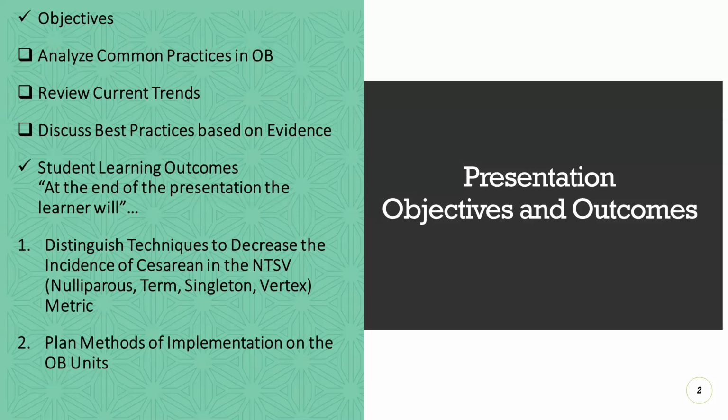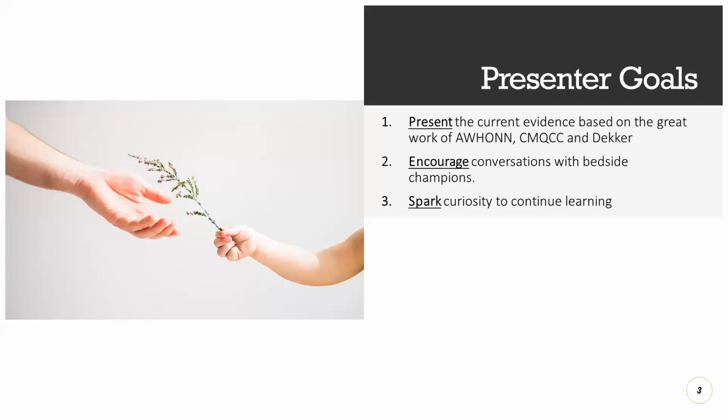So I'm hoping you'll have some takeaways that you can take back to your units for further discussion. This video will also be available to you so that you can share the URL with your coworkers and colleagues and maybe have a conversation.